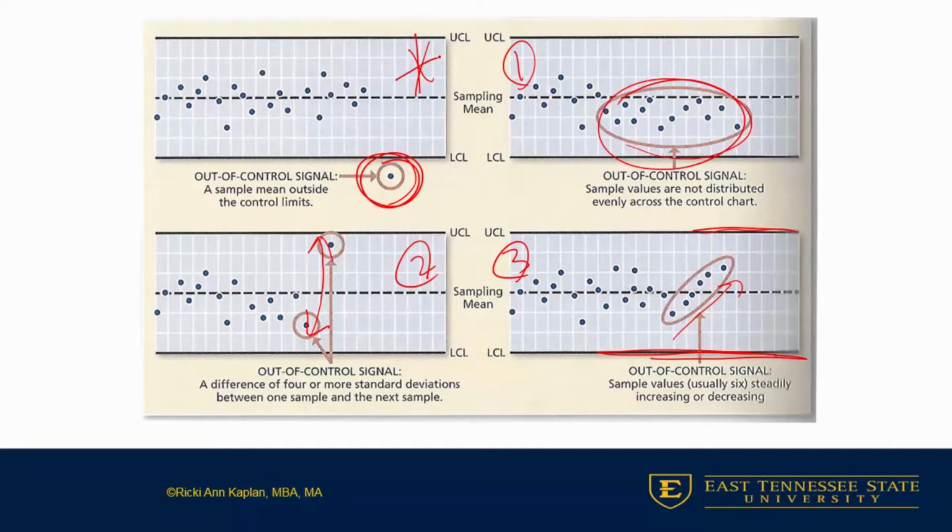Here, we are not producing quality product because it's outside of our control limits. That needs to be stopped immediately to find out what's going on. And we need to scrap, that's an internal failure. We need to scrap that item so that it does not continue to be made poor quality.